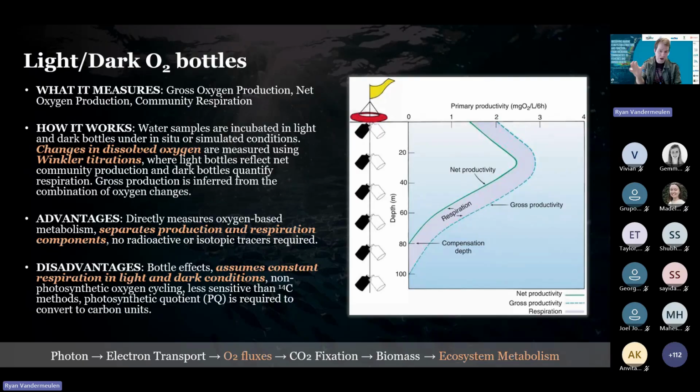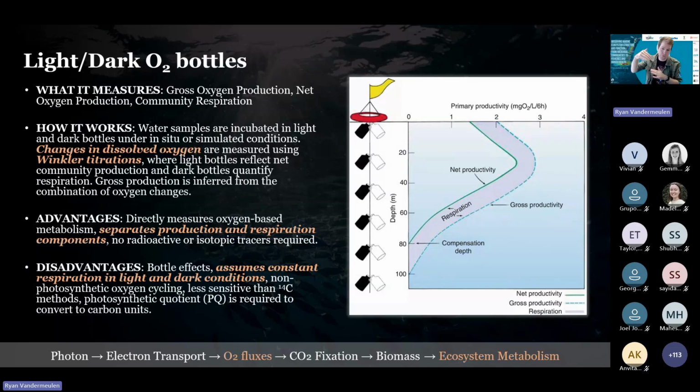Now, if we suddenly cut off light to a bottle, put it into a dark bottle, photosynthesis ceases completely, but respiration continues. So the net decrease in oxygen tells us how much oxygen is being consumed by the entire community. This is really the metabolic heartbeat of the ecosystem. Now we have two rate measurements: the total oxygen consumed in the dark, and the net oxygen balance that occurs in the light.